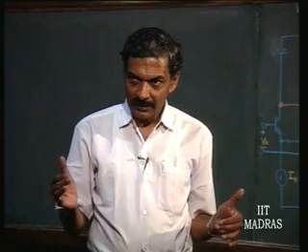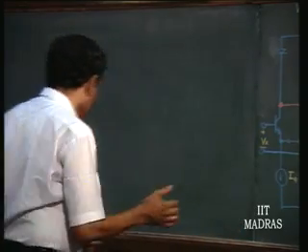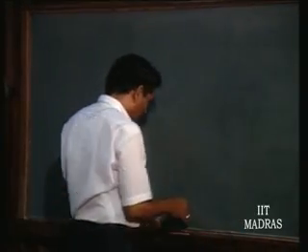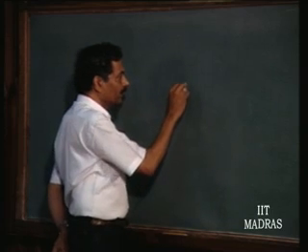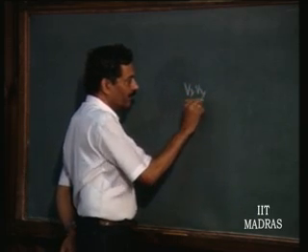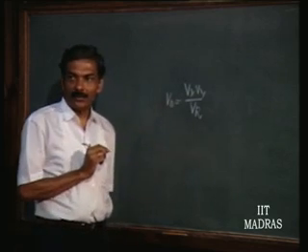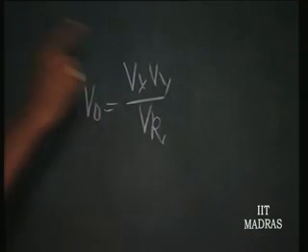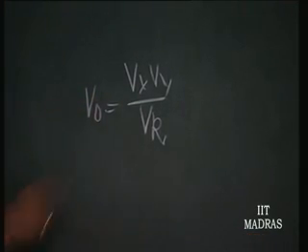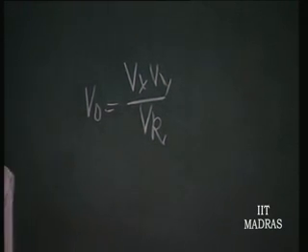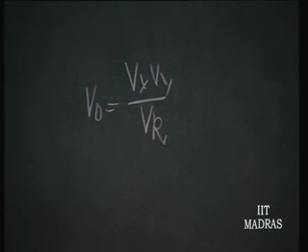So, if you, for example, have achieved a single quadrant multiplication, which is V x V y by V r, that is what we achieved today using log anti-log, but we said V x has to be positive, V y has to be positive, V r also has to be positive, or of a single polarity. If you want, you can make all of them work for negative, but it should be single polarity.